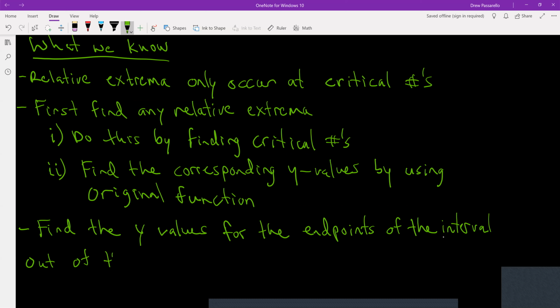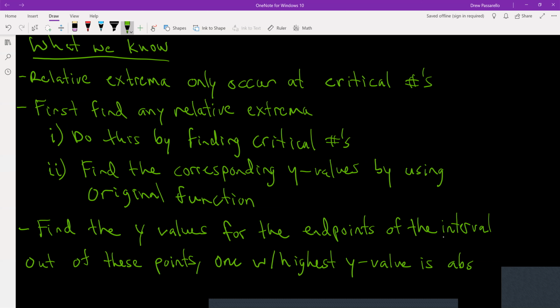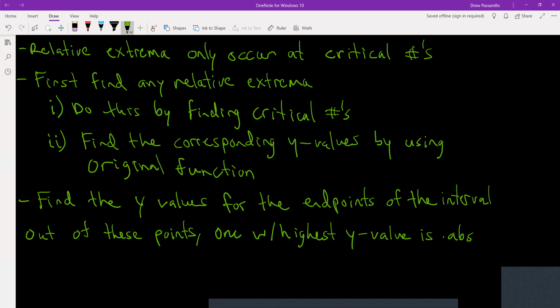So out of these points, the one with the highest y coordinate is going to be the absolute max. I'm going to do ABS for absolute. And the same thing, out of these points, the one with the lowest y coordinate is going to be the absolute min.